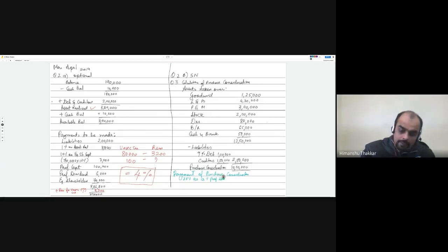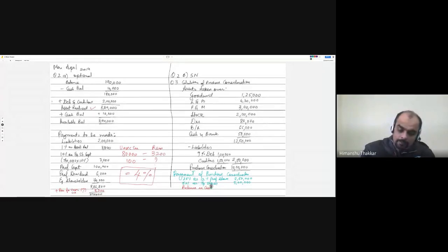That amount comes out to be 2,50,000. Then comes 50% as equity shares. 50%, half they've said, that is 5 lakh. And the balancing figure, balance in cash.